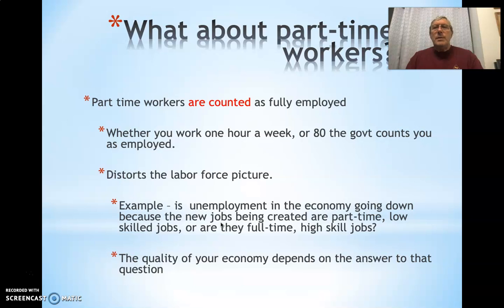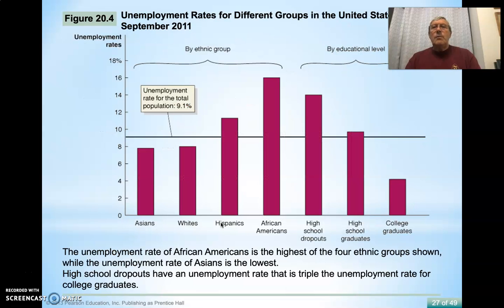So you may not consider yourself working or part of the discouraged, but if you are working 1 hour a week, then we count you as employed. Obviously, that's going to distort the labor force picture. Even though it does distort it, it's not to such a degree that we get rid of the category.